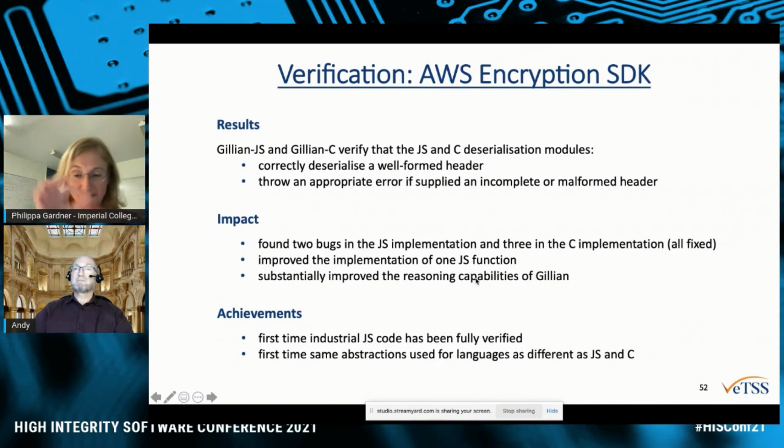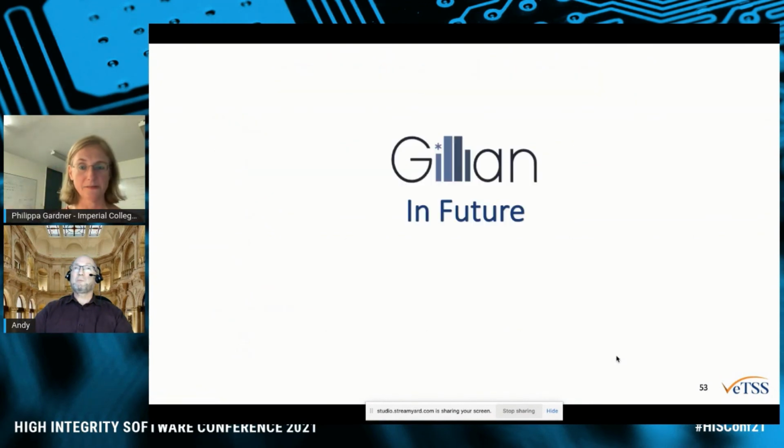We loved that learning curve. It's the first time we believe that industrial JavaScript code has been fully verified. And it's the first time that the same abstractions are used for languages as different as these two. So we're quite enjoying this space of exploration.